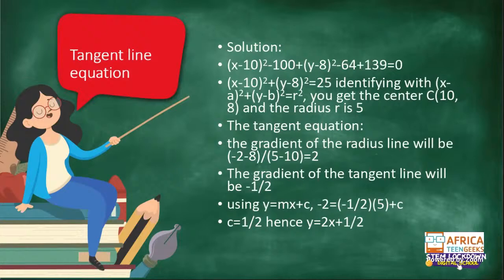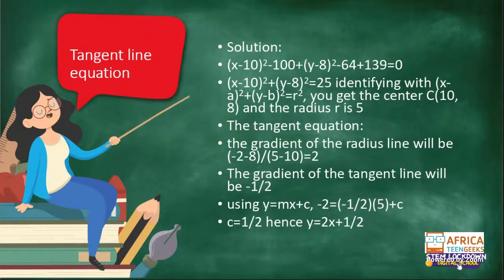That's why the equation is now shortened to (x minus 10) all squared plus (y minus 8) all squared, which is equal to 25. Now identifying this with (x minus a) all squared plus (y minus b) all squared equal to r squared, you get the center C, which has coordinate (10, 8), and the radius r is 5. So your center here will have the coordinate (10, 8), and the radius r here is 5.